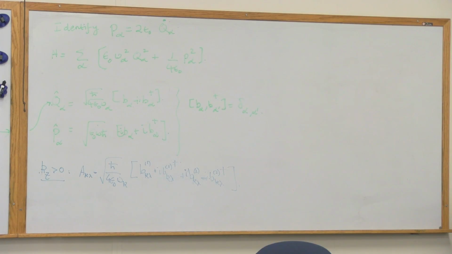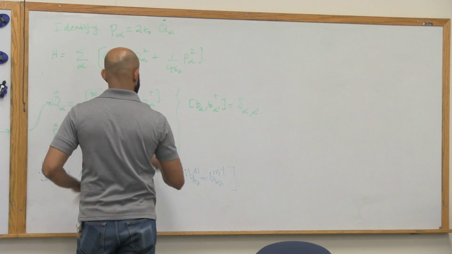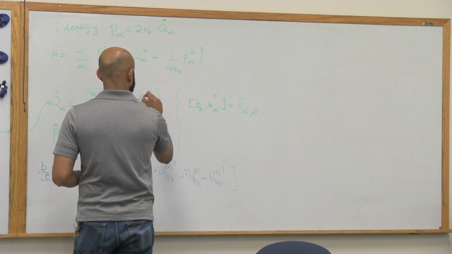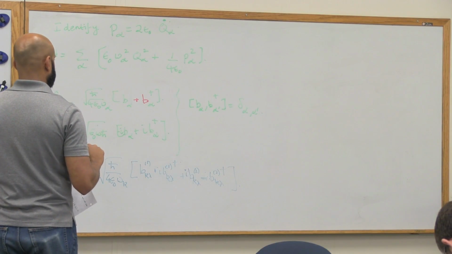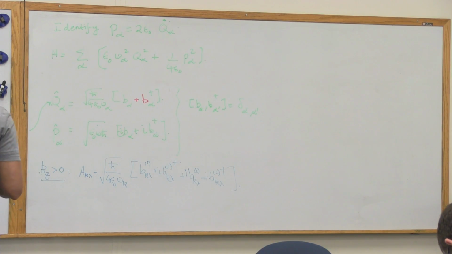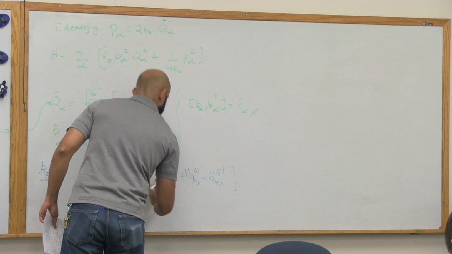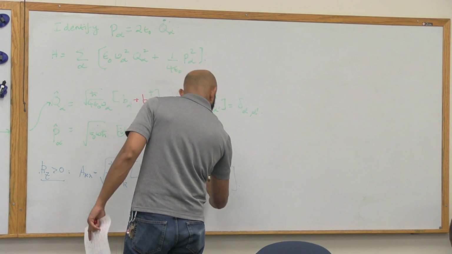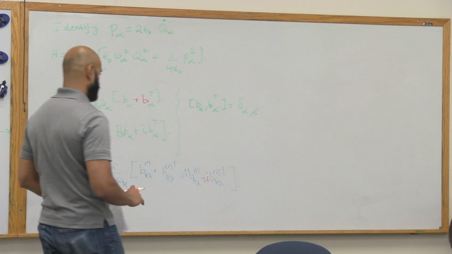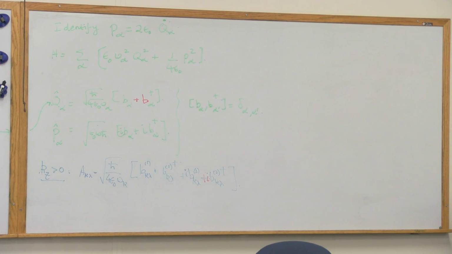There is no i in front of the Q. Good, okay, so let's work it again. So b_kλ1 plus b_kλ1 dagger plus i times b_kλ2 plus i times b_kλ2 dagger. Cool. That brings us back to what I have in my notes.